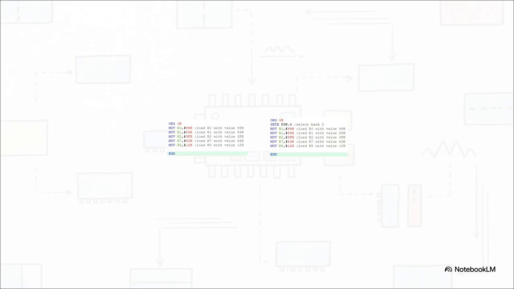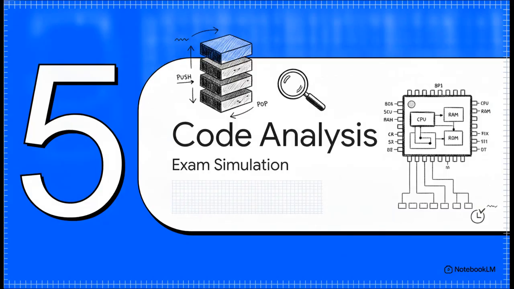By simply setting that single solitary flag, we literally tell the microcontroller to switch its target to register bank 2.